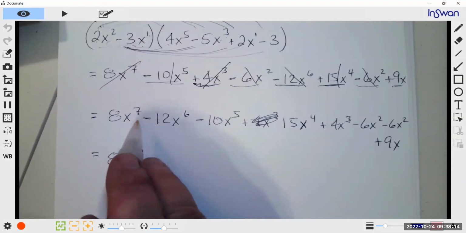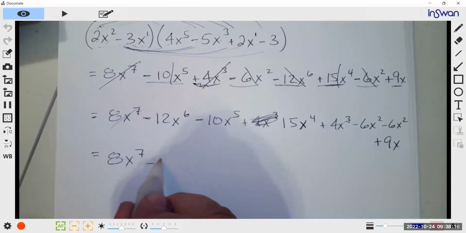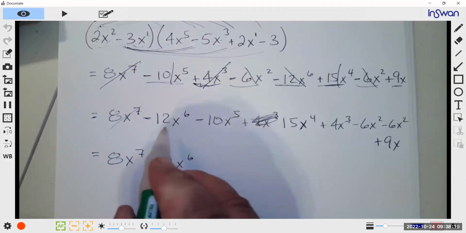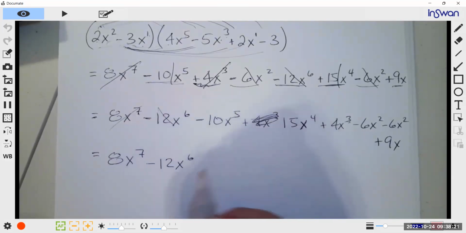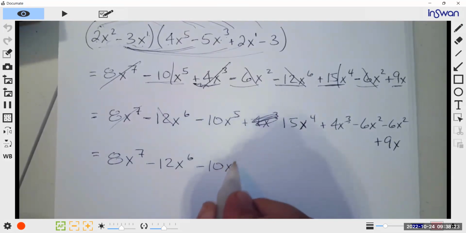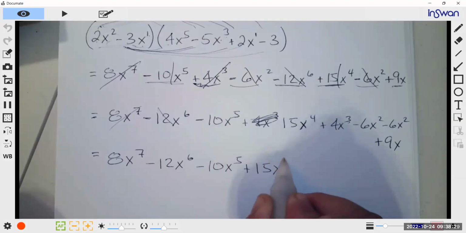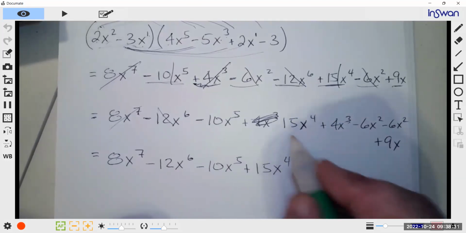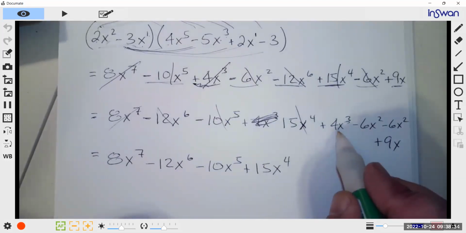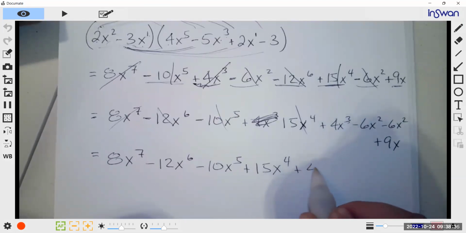So there's no more of those. No more of those. No more of the fifths ones. There's only one of those, so it's plus 15x to the fourth. Only one of those, so it's 4x cubed.